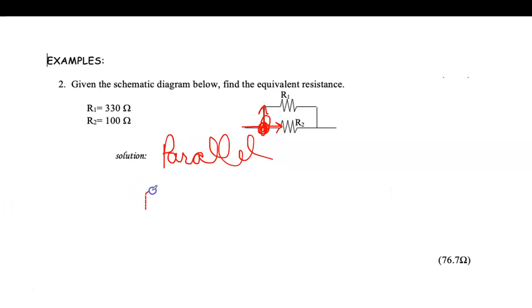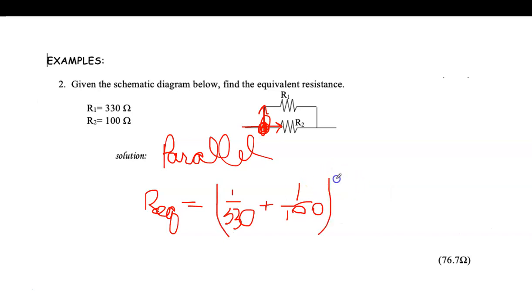So in parallel, Req would simply be equal to 1/330 plus 1/100. And if I were going to go through this, I'd have to find a common denominator, multiply them out to get the common denominator, add them up, and then take the inverse of that.